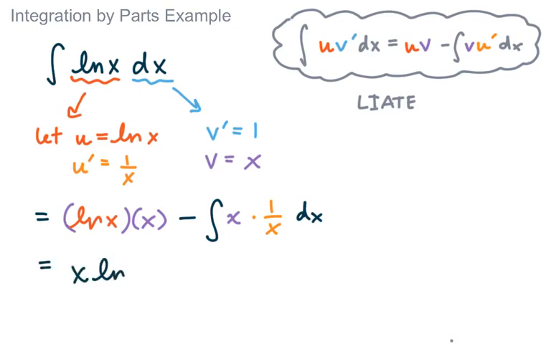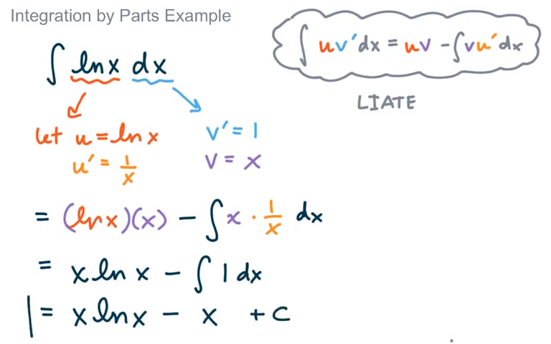I've got x ln x minus the integral of 1 dx. And this can be written finally as x natural log of x. The integral of 1 is just going to give me minus x, and of course we write plus c.